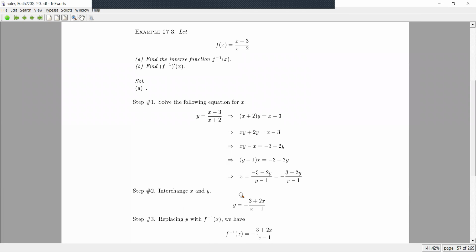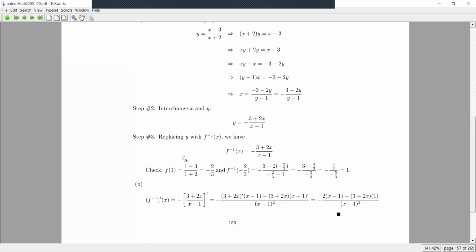Interchange x and y in this equation. Then I have this equation. Step 3. Replace y, the y here, with f inverse. Then this is the answer to part A.